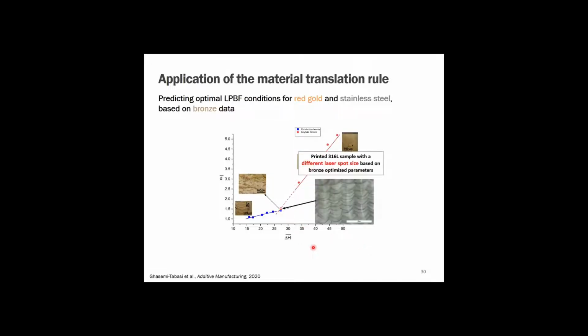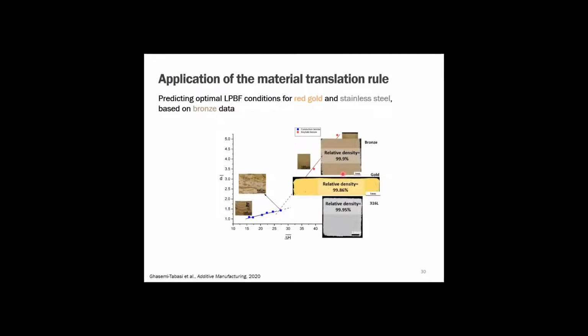And in the same way for stainless steel, where not only did we change the material, but we also changed the spot size, which also enters into the equations. So if you summarize, we had each time a very high density for the three of them, and for gold, it's the best reported one. So that seems to be working well.